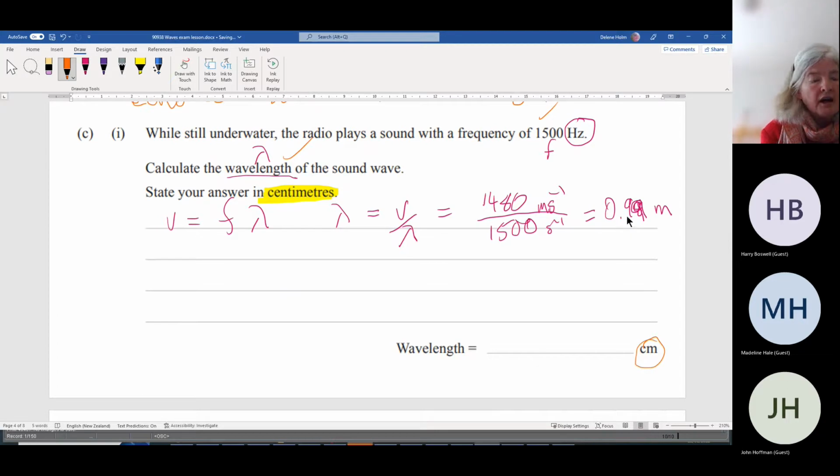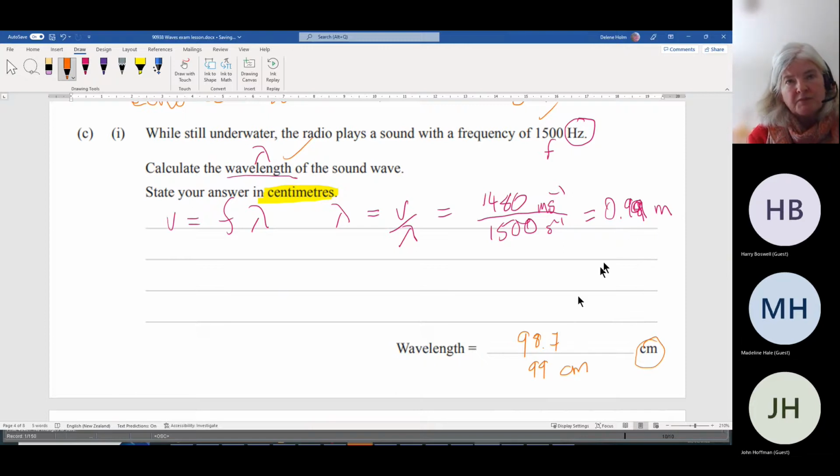So I also strongly recommend you get your calculator and you multiply that by 100 because that's how many centimeters there are in a meter. So you get the 98.7, or you could just make it 99 centimeters.